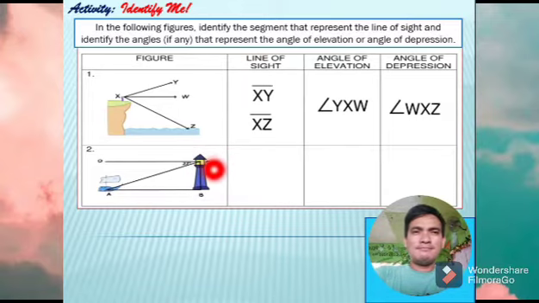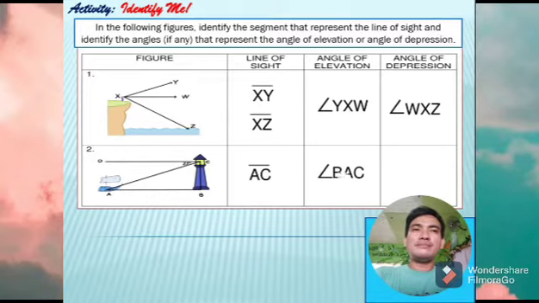Lighthouse. You have it there. Is there any line of sight? Yes, there you go. That is segment AC. How about the angle of elevation? That is angle BAC. And the angle of depression, you would have angle DCA.